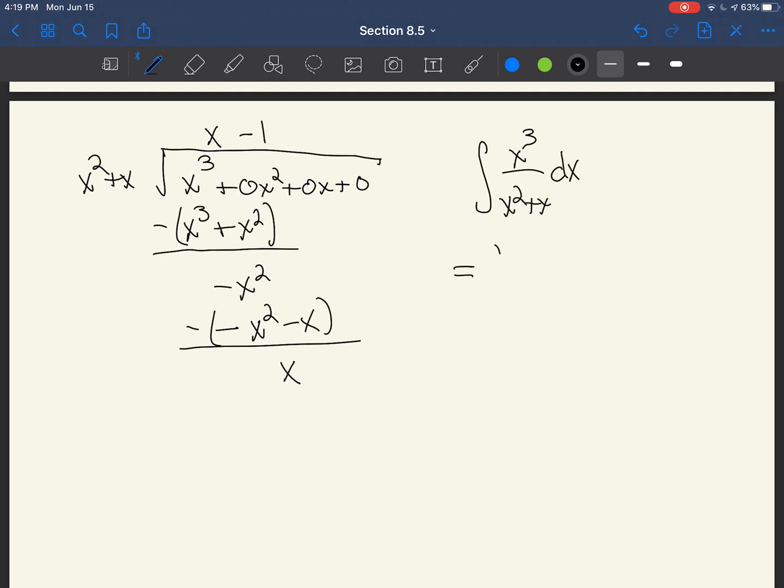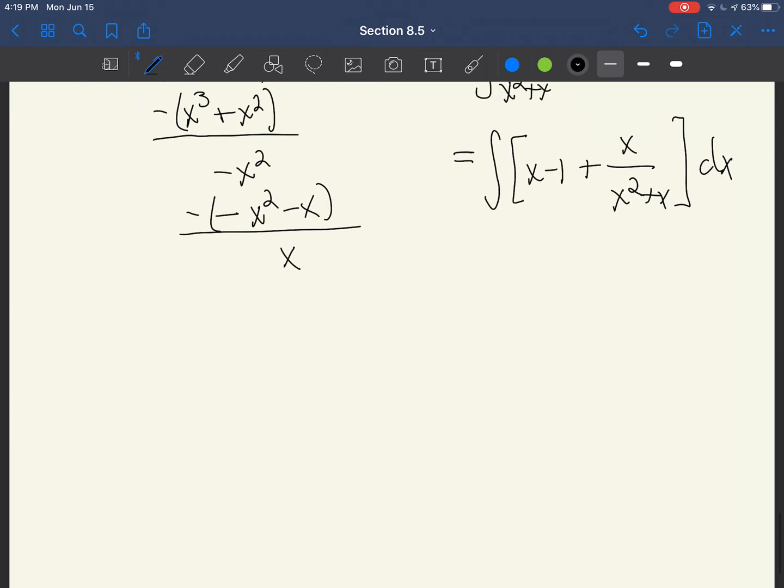So our integral is x minus 1 coming from our long division plus x divided by x squared plus x, which is coming from the remainder x, dx. Well, that's x squared over 2 minus x plus the integral of x divided by x squared plus x.